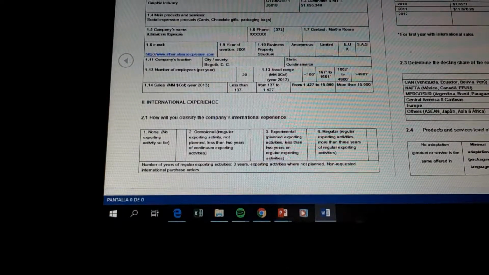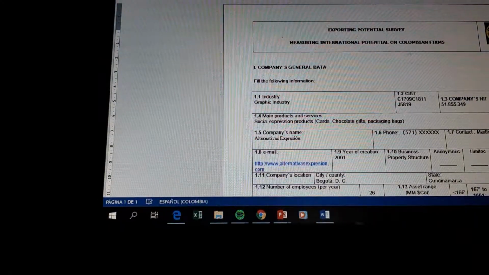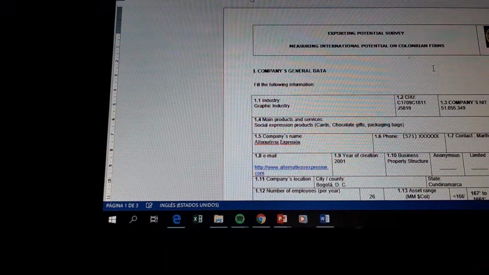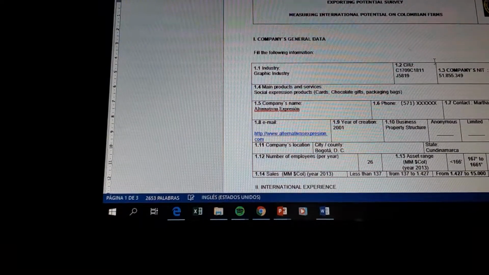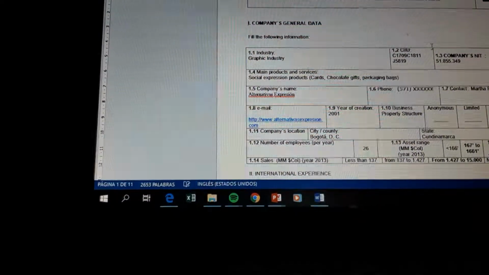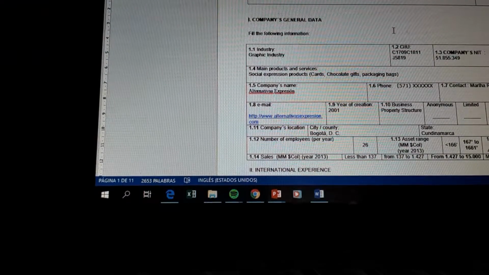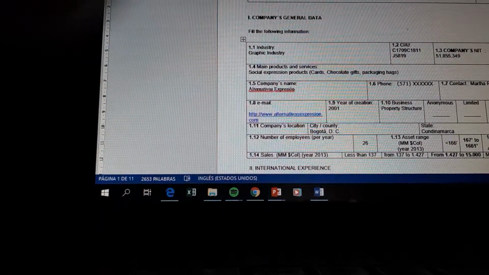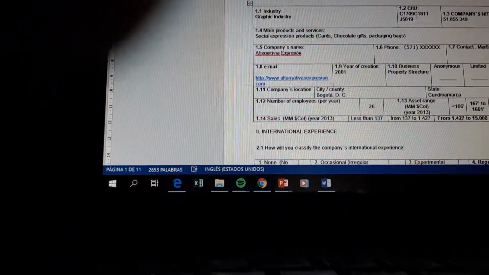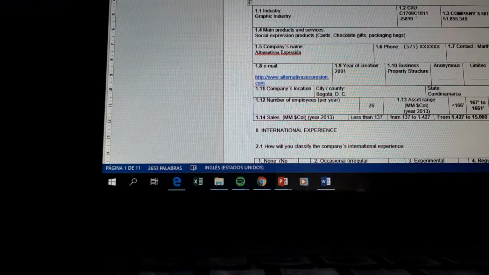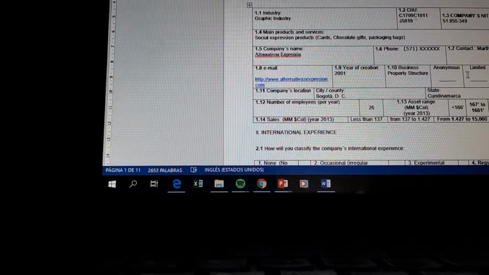So this is the Word file, the exporting potential survey guide. As I already told you, this is a source of information that you need to consult, and it's the survey that measures the potential and intention of a company with the objective to become an international company.